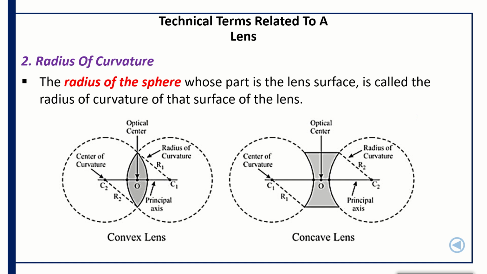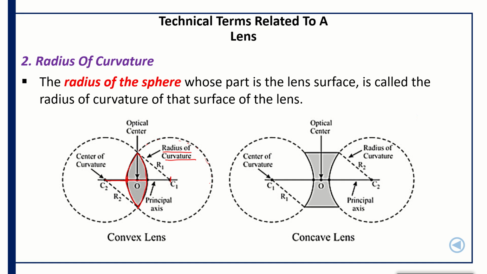So the surface of the lens we are taking is a part of a sphere, and the radius of that sphere, or the distance between the center of curvature and the surface of the lens, is known as the radius of curvature. If I take this lens surface, it is part of this sphere, and the distance between this and the center of curvature is the radius of curvature of the surface of the lens.